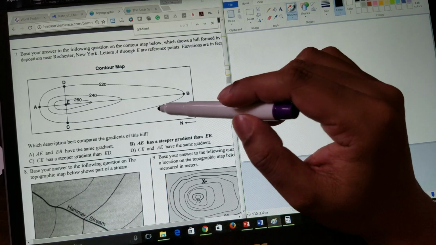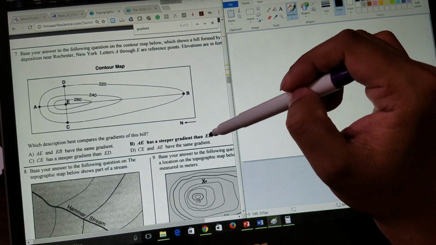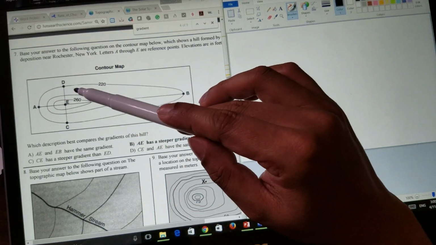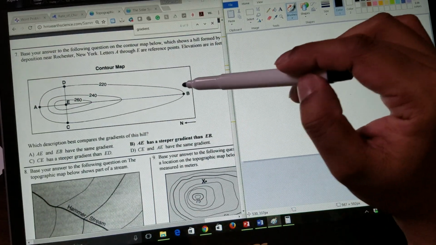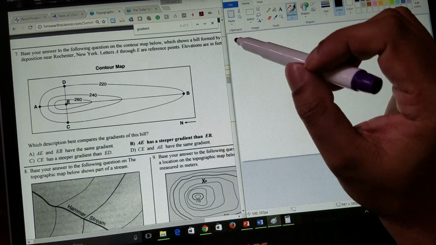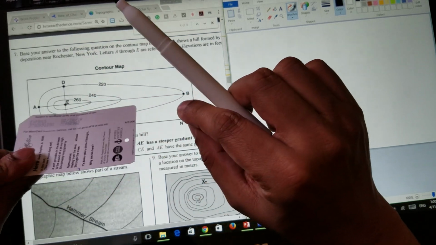Now if we look at choice B, we know that this is the right answer. But why is this the right answer? B says AE has a steeper gradient than EB. So AE and then EB. You can see for EB the distance is huge, and A is here.